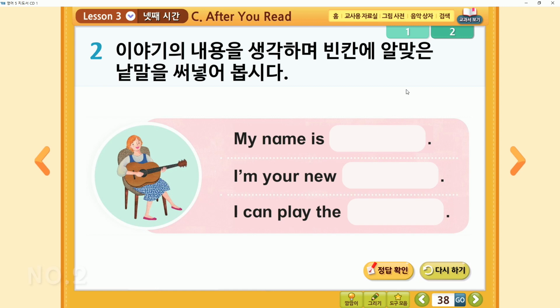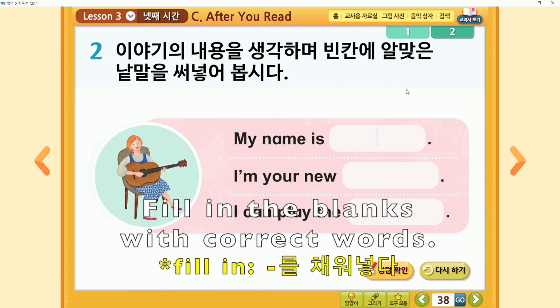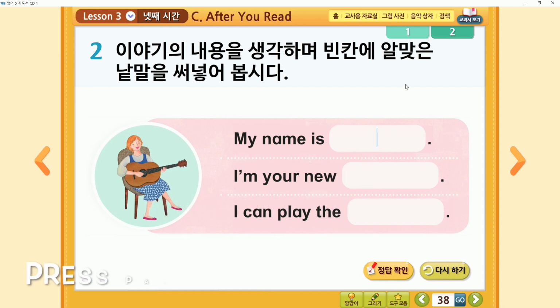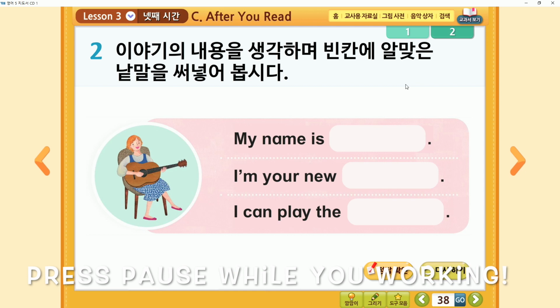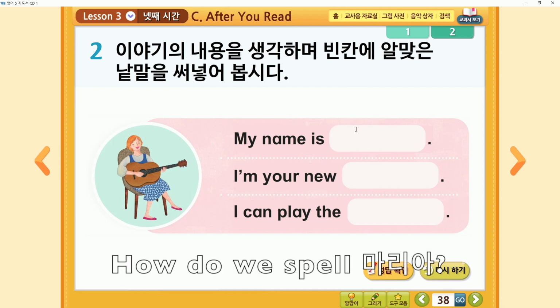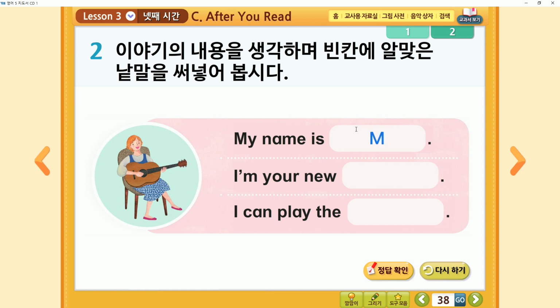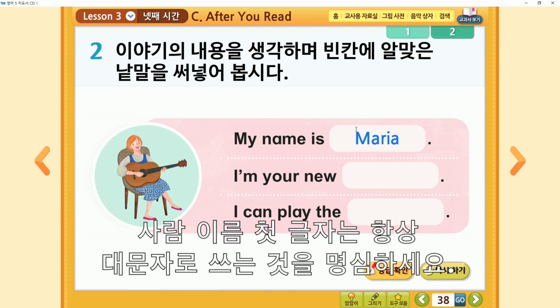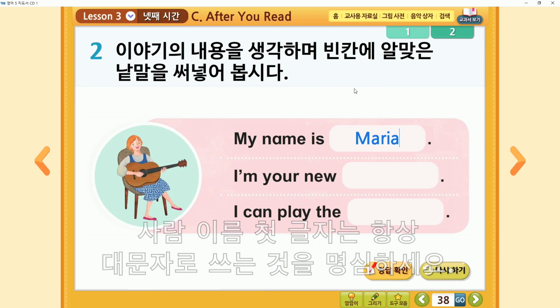Number 2. Fill in the blanks with the correct words. Press pause while you're working. Okay, now let's check. Read together. My name is Maria. How do you spell Maria? M-A-R-I-A. And don't forget to use a capital for the first letter of people's names.